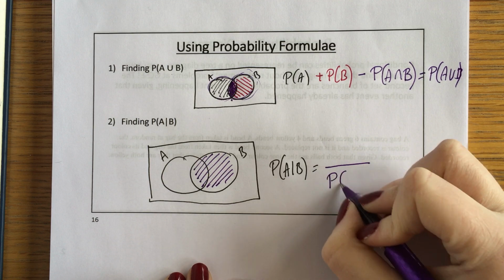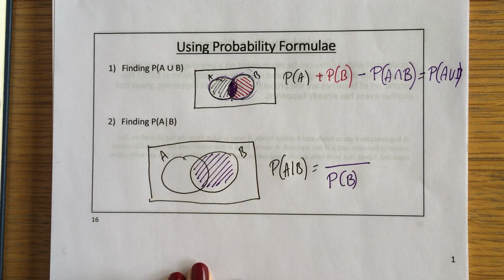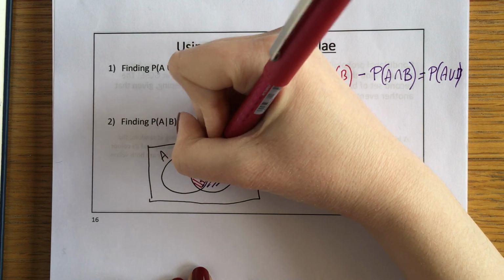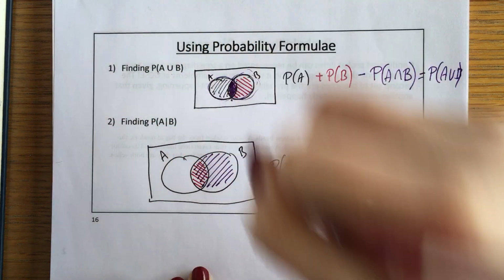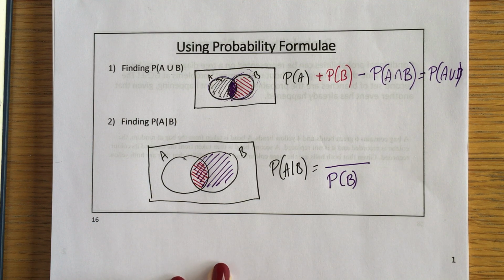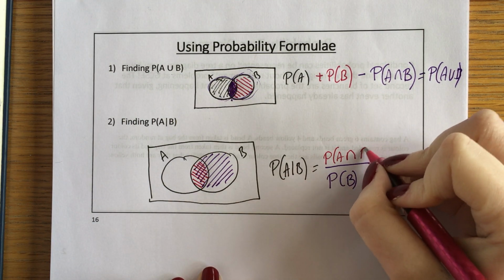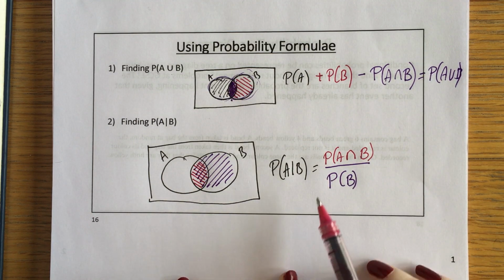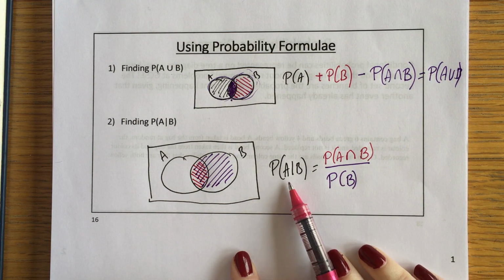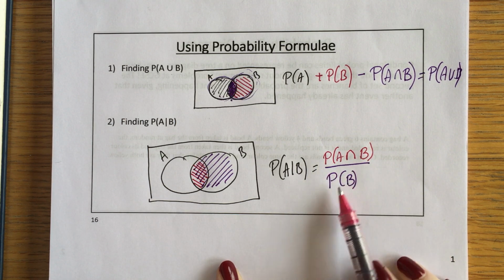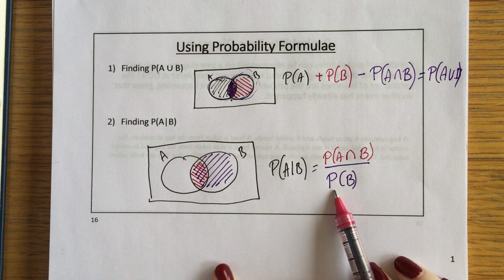So the denominator of my fraction is the probability of B. The probability of A occurring is the part of my overlap, which is the probability of A intersection B. So the probability of A given B is the probability of A intersection B over the probability of B.